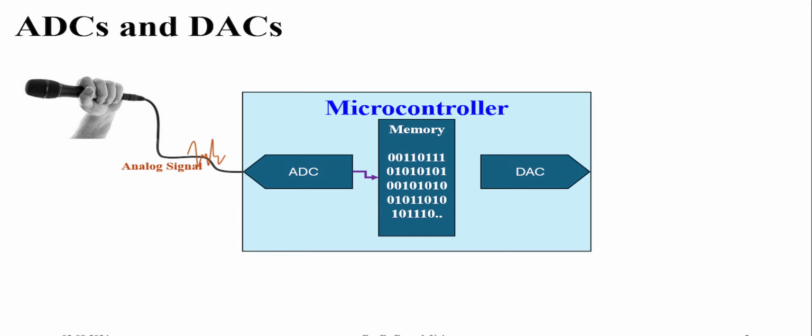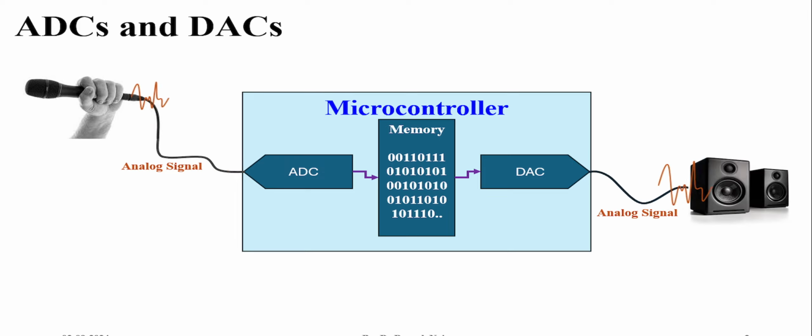Then the analog signal is converted to a digital signal, which is nothing but a combination of zeros and ones, and they are stored in the memory generally. And whenever we need to regenerate the analog signal, we pass these digital signals to the DAC, which is the digital to analog converter, and then we can play those signals using any appropriate device.